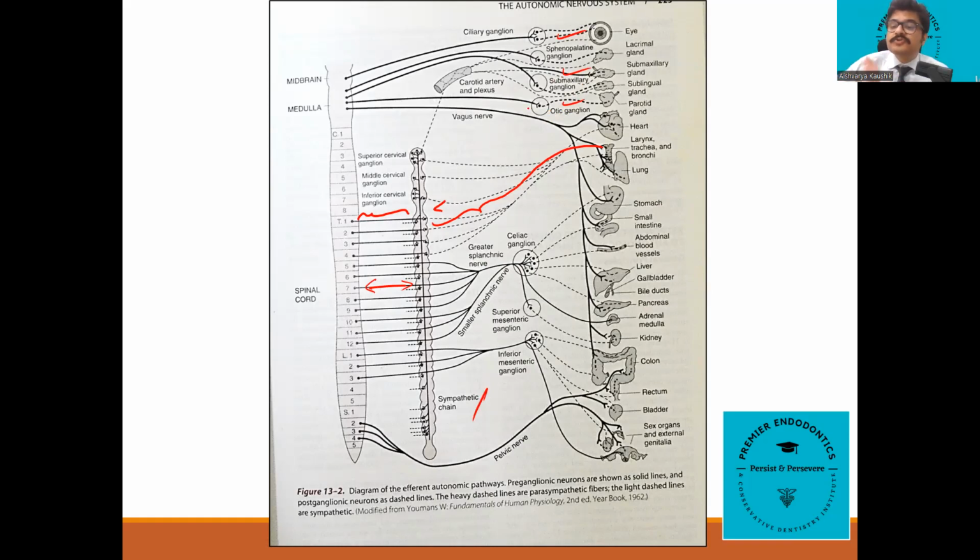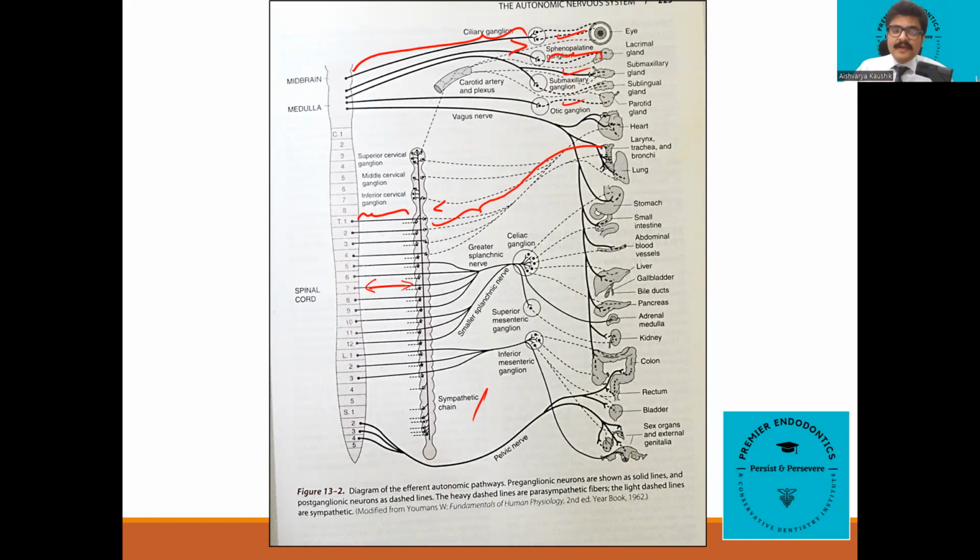They are present very close to the end organ. So the preganglionic nerve fiber of the parasympathetic nervous system is longer than the postganglionic nerve fiber. That's MCQ number 3. So you started with endo, but you've done all the interlinked topics together.